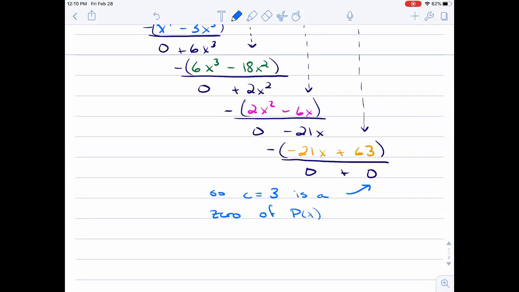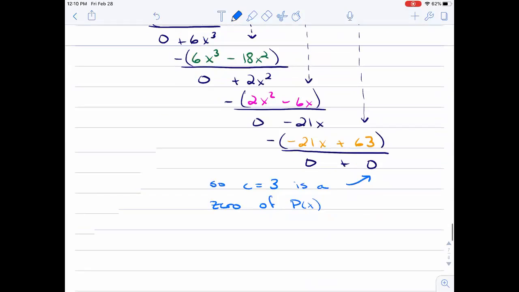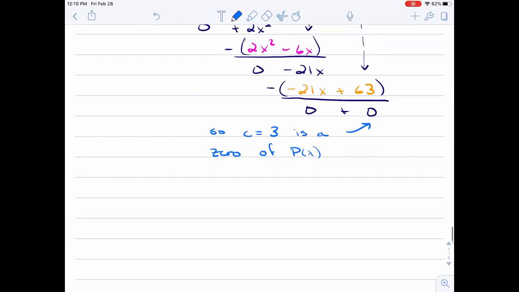But what I'm guessing is we'll have some sort of parabolic shape, because it's a fourth power. So it should look something like a parabola. And x minus 3 is a factor of p of x. Just write a little note for later.